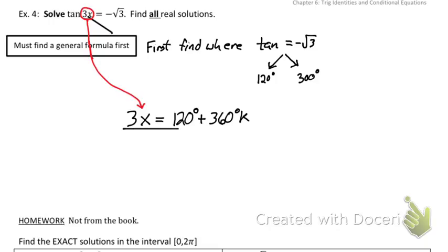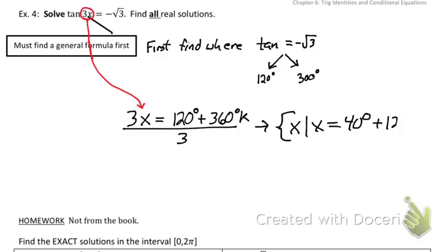In other words, I've got to divide the whole thing by 3, which will lead us to the set builder notation, x such that x equals 120 divided by 3, which is 40 degrees, plus 120 degrees times k.